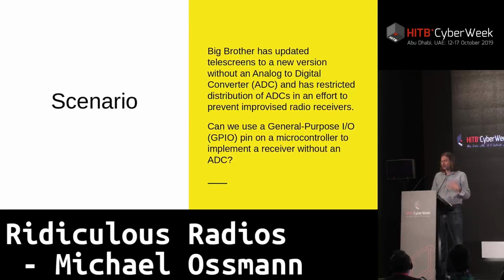So can we use some other input, a digital input, instead of an analog input on our microcontroller to implement a radio receiver? Now, you might think that restricting analog to digital converters may be a little bit far-fetched, but it actually is something that happens in our world today.